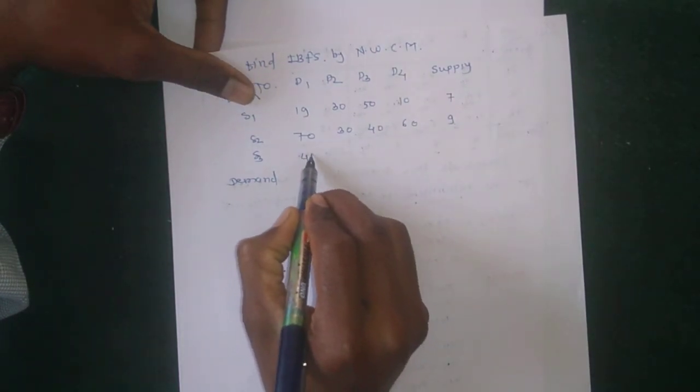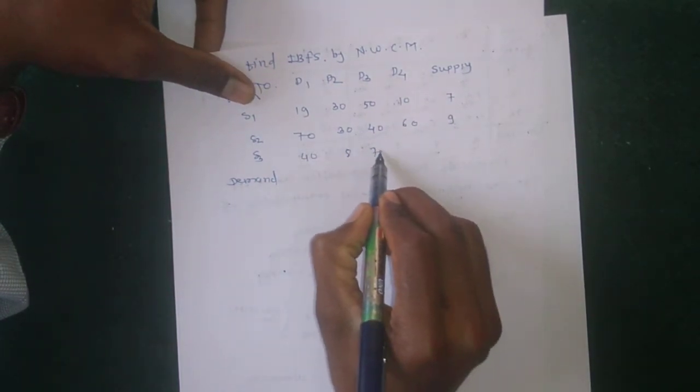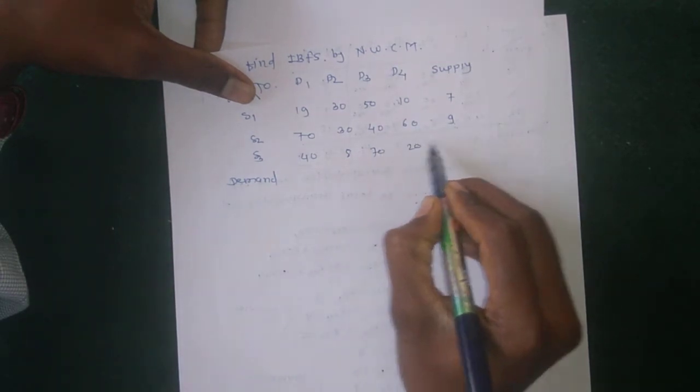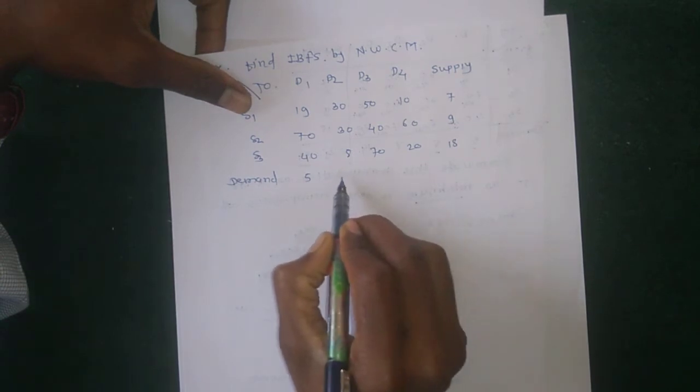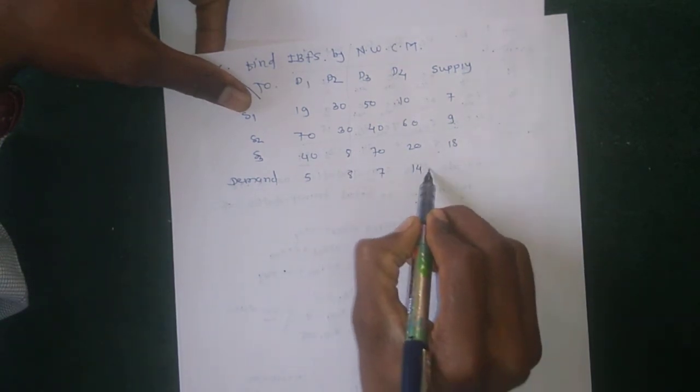Then 40, 8, 70, 20 with supply 18, and the demand is 5, 8, 7 and 14.